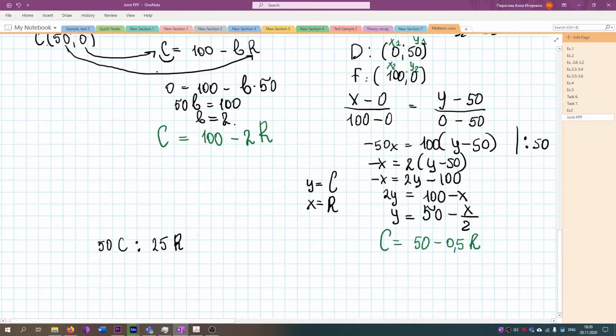And we need to divide both parts by 25, and we will receive that 2 cars are equivalent to 1 radio. So 1 radio is equal to 2 cars. This means that to produce 1 radio, the first factory needs to give up 2 cars.